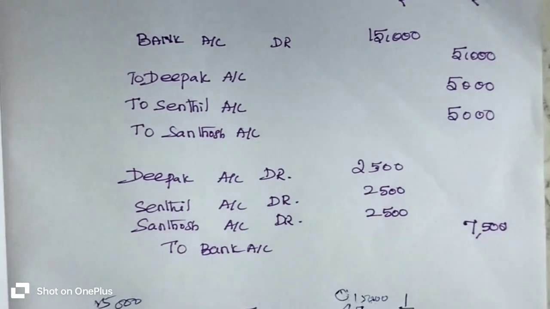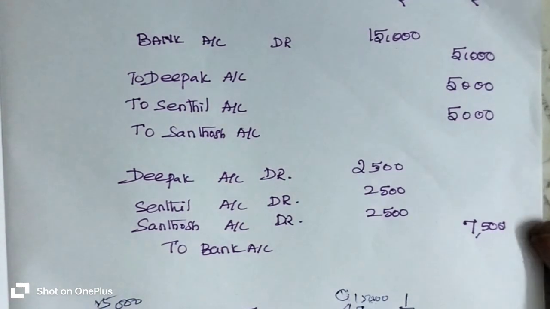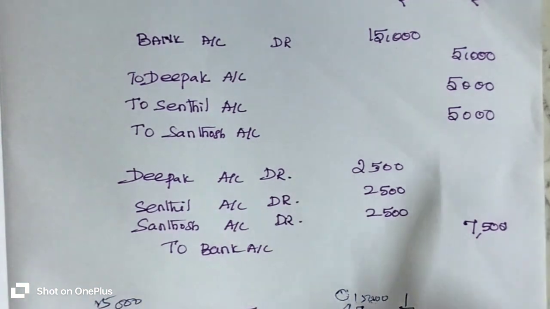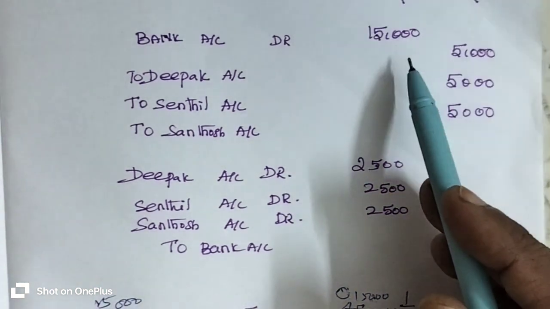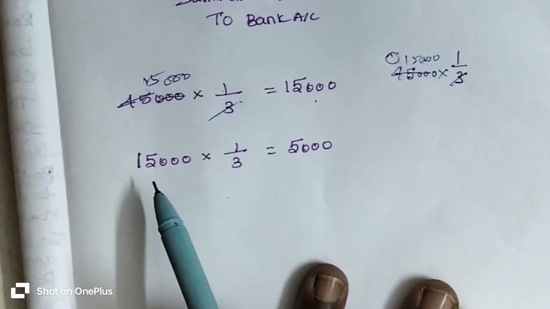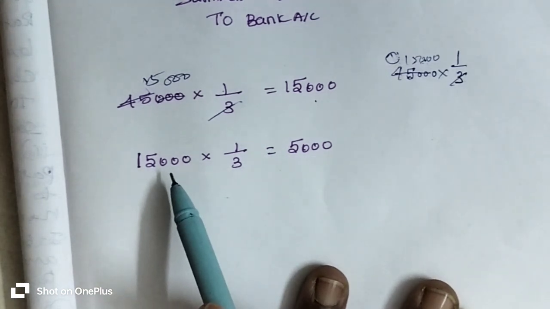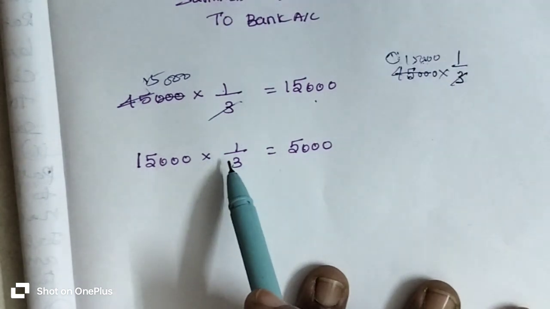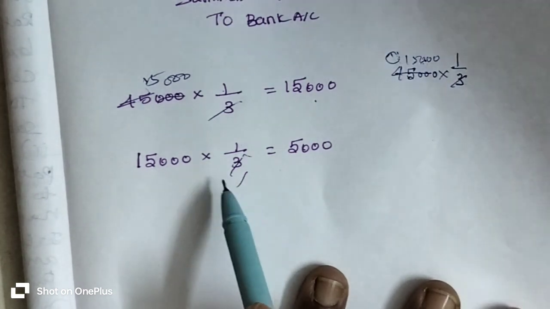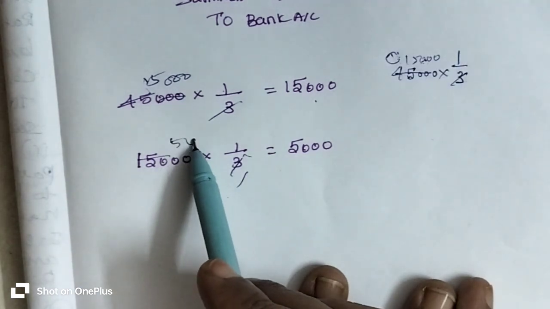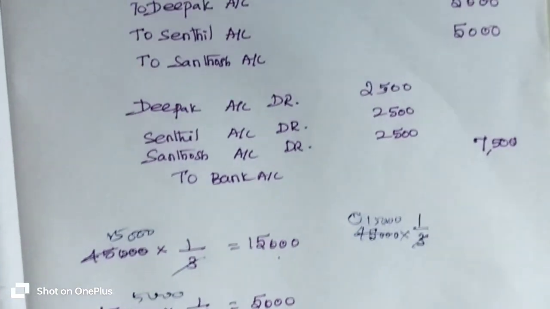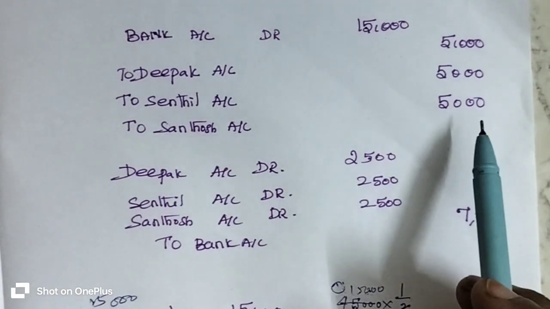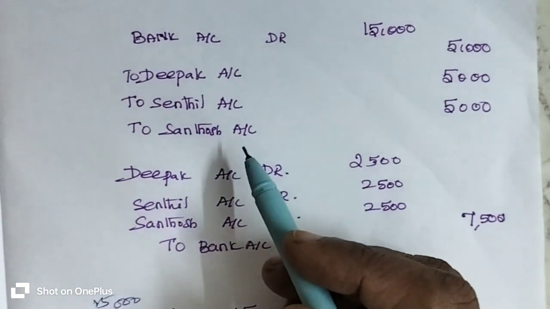The old partners Deepak, Senthil and Santosh share their profit and losses equally. So the goodwill amount 15,000 rupees also has to be distributed equally. There are three partners, right? So 1/3 of 15,000 is 5,000 rupees, equally distributed to the old partners' capital accounts.